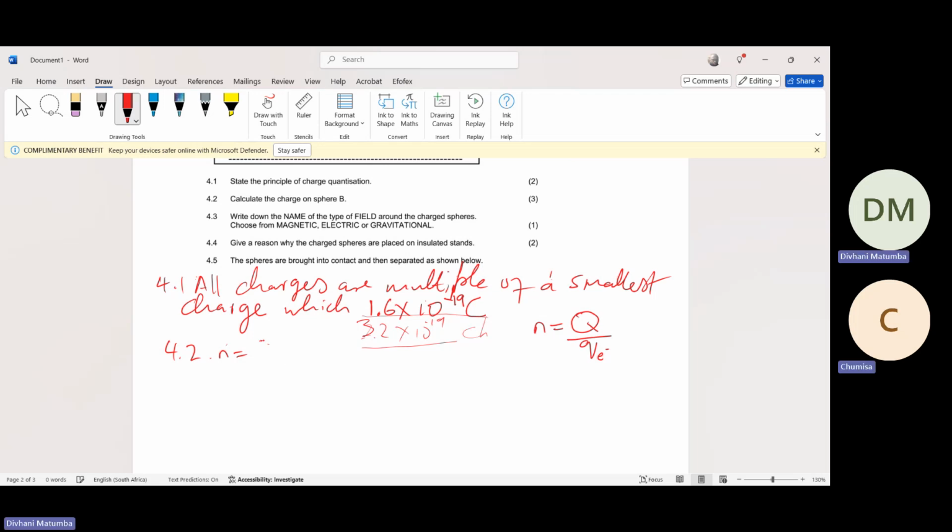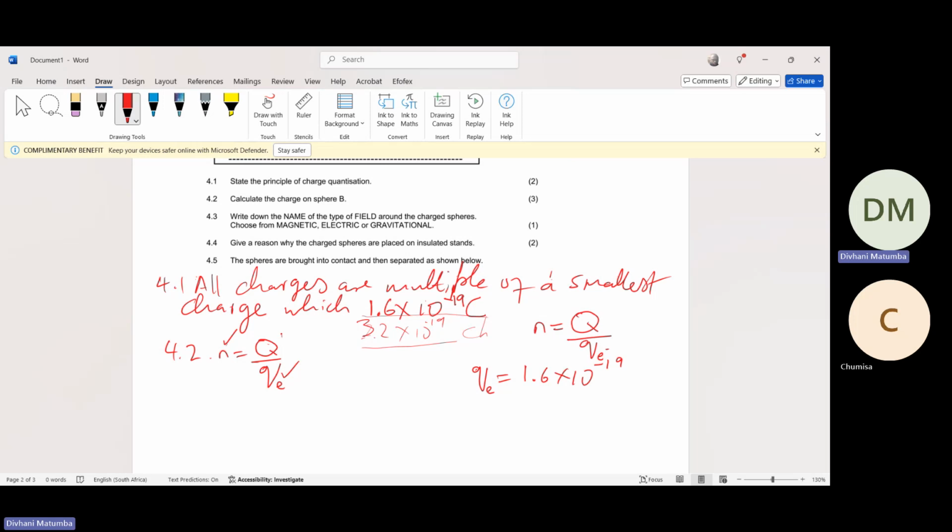You have any idea? Do you agree with that? Yes, sir. We are given the number of charges. Do we have Qe? I think we have. Qe, or the smallest charge, is how much? It's 1.6 times 10 to the power of negative 19.